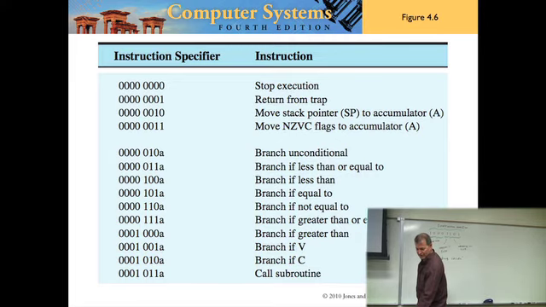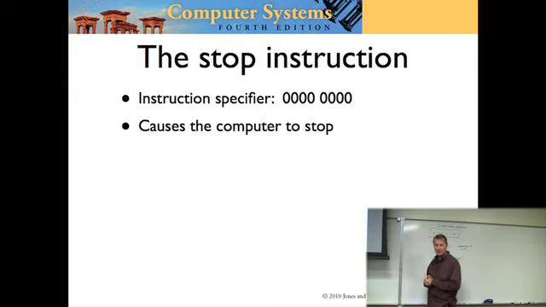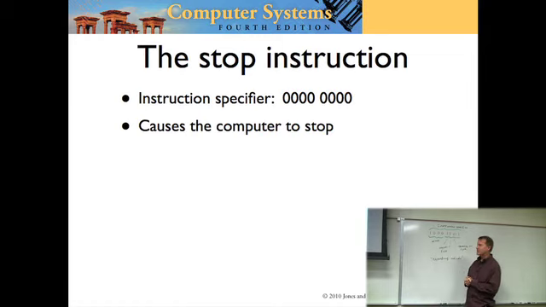Okay, so now let's start learning what the instructions do. The first instruction that we're going to learn is the stop instruction. The instruction specifier for the stop instruction is 0000 0000, and what it does is it causes the computer to stop. Now, this is the most unrealistic instruction of all the instructions in the instruction set for Pep/8, because does a CPU ever stop?